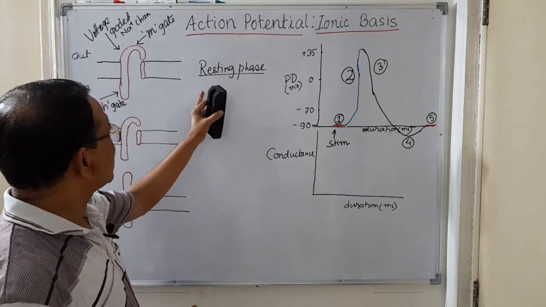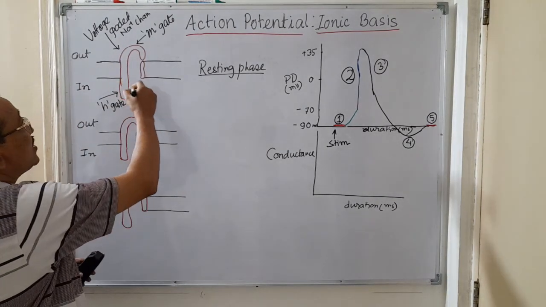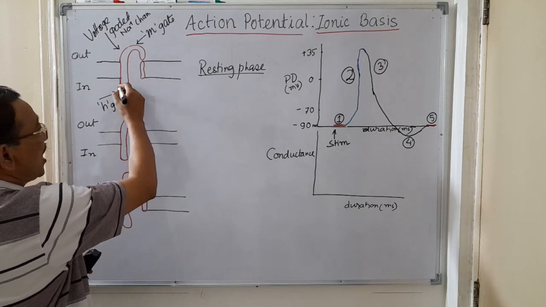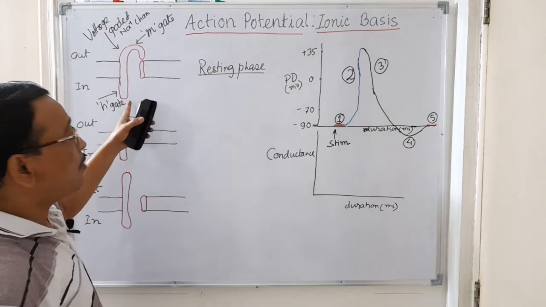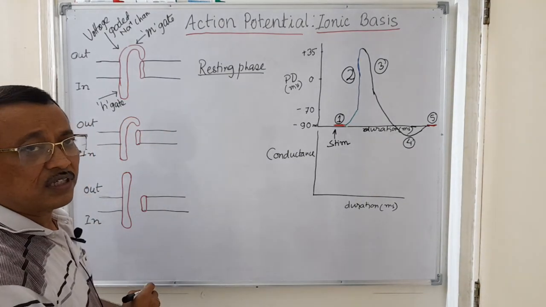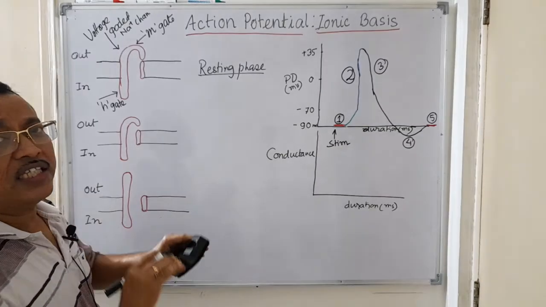In such a resting phase, what is the status of the voltage gated channels? The inside gate, that is the H gate, remains open during the resting phase, whereas the outside gate or M gate is closed.